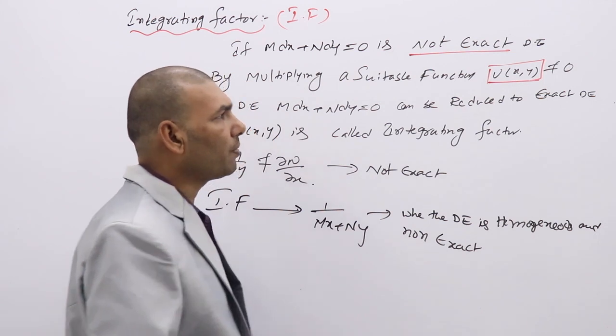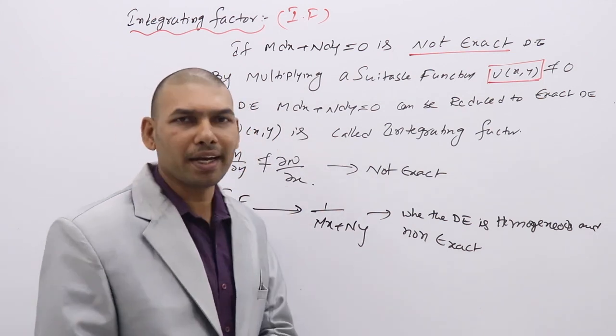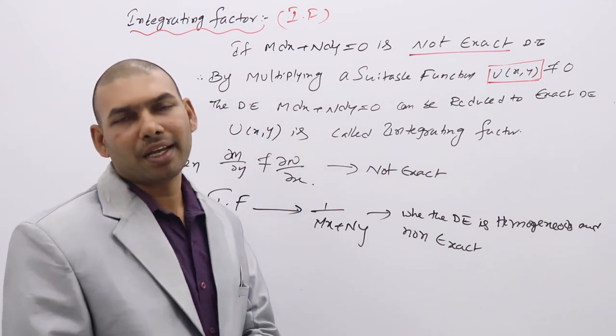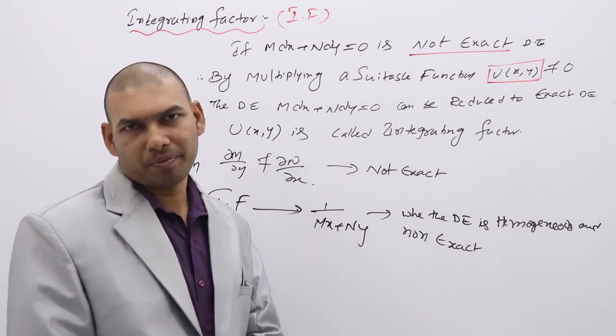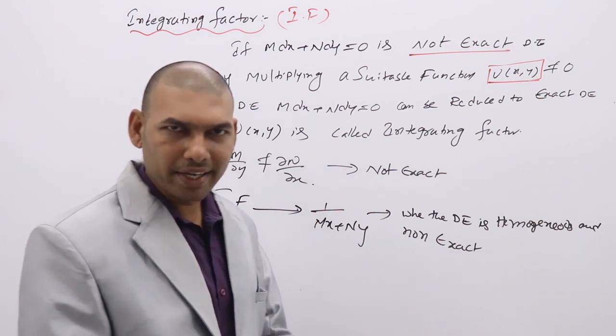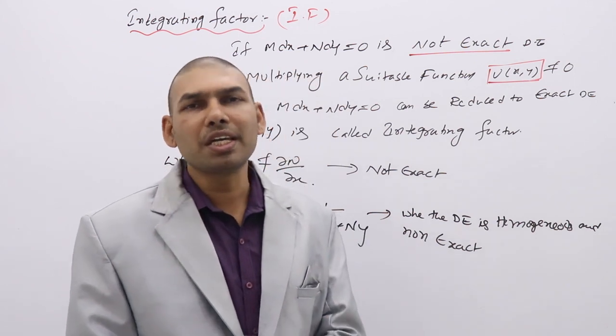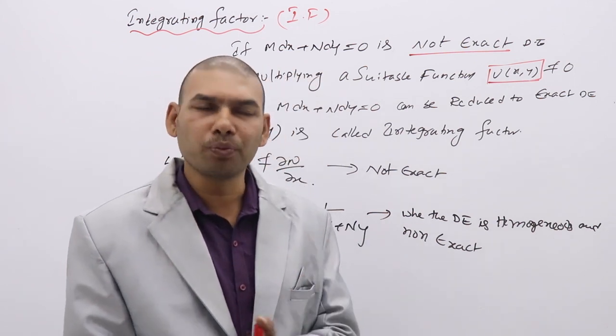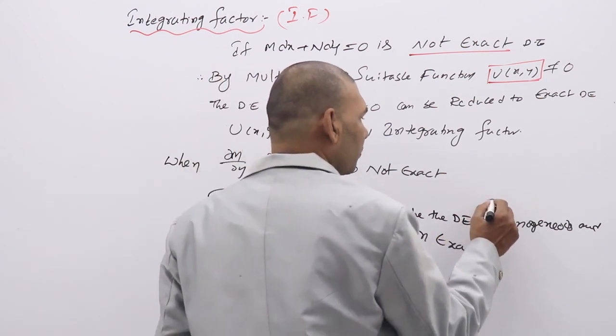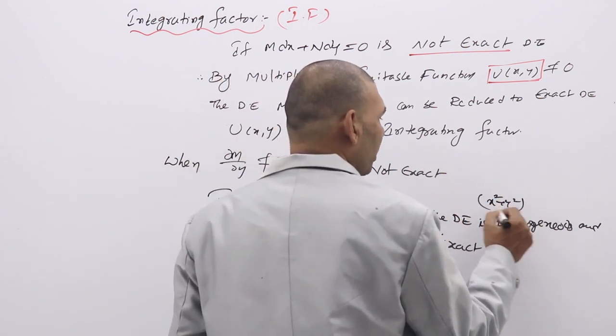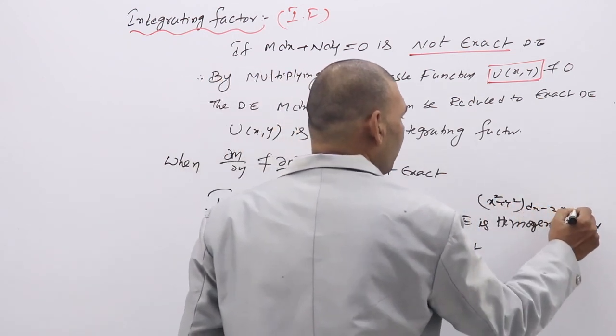Homogeneous means, as I said, in the given DE, in M and N, every term has the same degree. (x square plus y square) dx minus 2xy dy. In that problem, each term has the same degree, two.